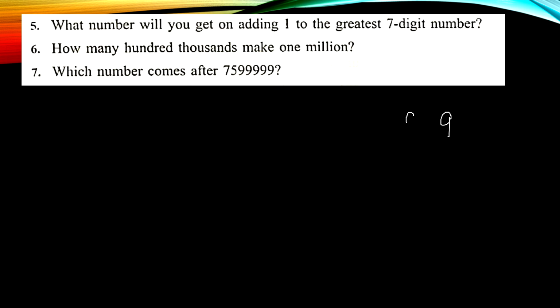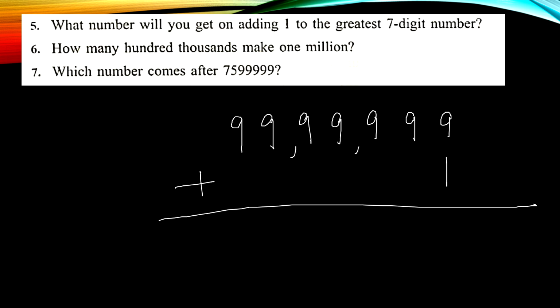So let's write the greatest 7-digit number first. So this is the 7-digit number. Let's add 1. Remember, when we are adding 1, we are trying to get the successor. That is another term. So you see, we are now doing it.